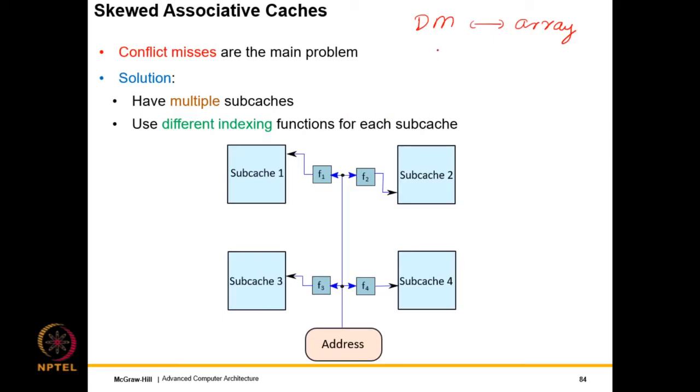Even a set associative cache is somewhat like an array, but a fully associative cache is like a hash table. In this case, a given entry can be present anywhere.